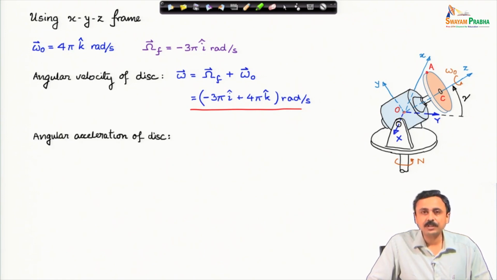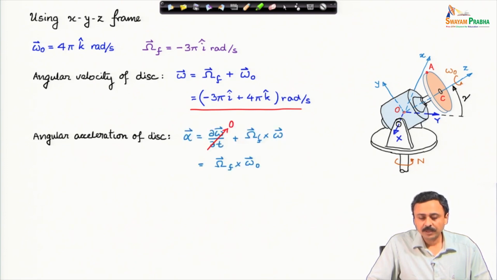Angular acceleration of the disk: I must take the time derivative of the angular velocity, and following our prescription it must be the local change, del del t of omega, plus omega f cross omega.